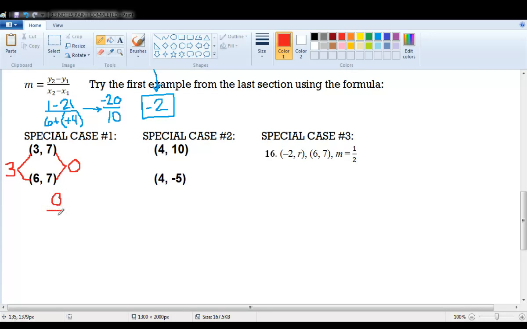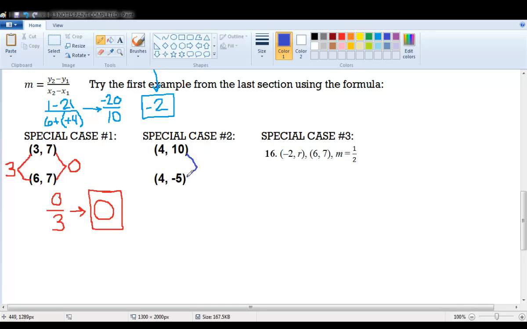So 0 divided by 3, 0 divided by anything is just 0. So if you have a rise of 0 and a run of something other than 0, it means the slope is 0. And by the way, if you were graphing, then that would be your indicator that what we're dealing with here is a horizontal line because it doesn't rise.